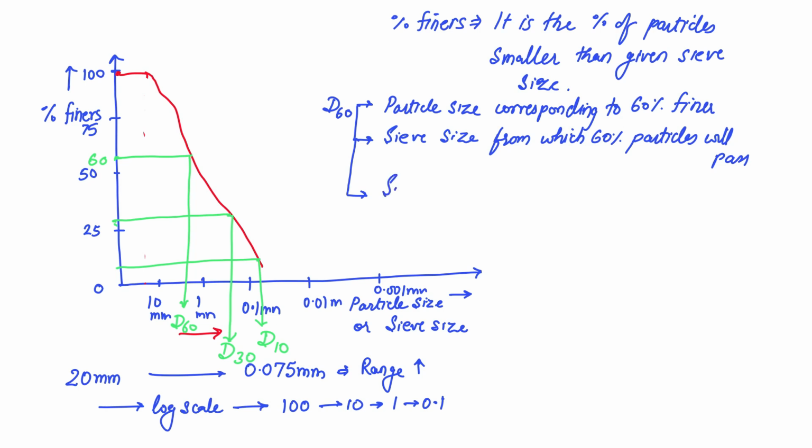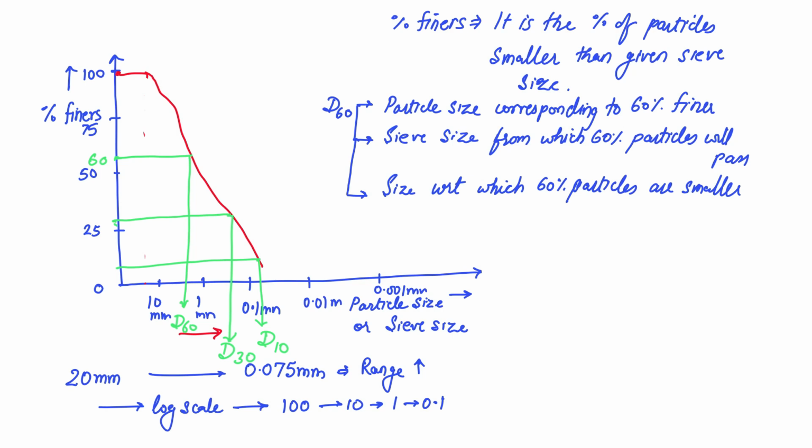So we can say that it is the size with respect to which 60% of particles are smaller. Fine. So that's what is D60.